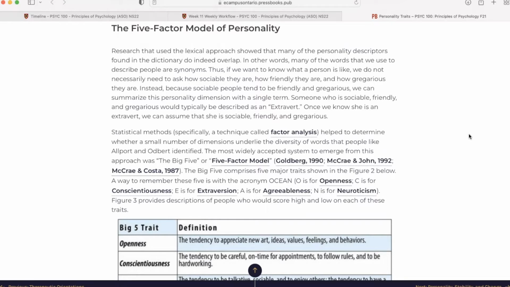Instead, because sociable people tend to be friendly and gregarious, we can summarize this personality dimension with a single term. Someone who is sociable, friendly, and gregarious would typically be described as an extrovert. Once we know she is an extrovert, we can assume that she is sociable, friendly, and gregarious.